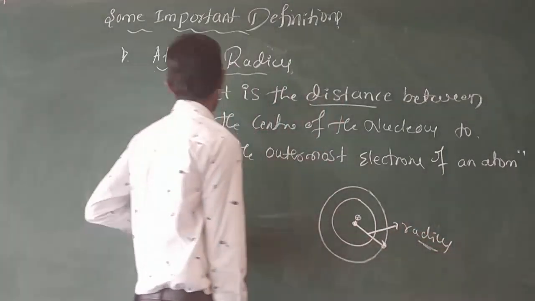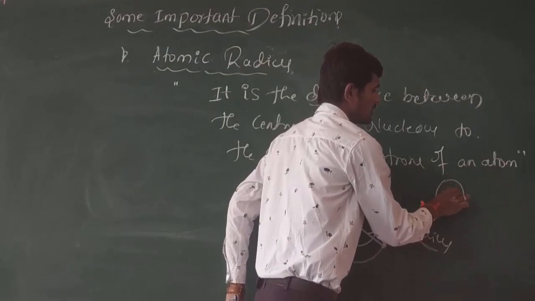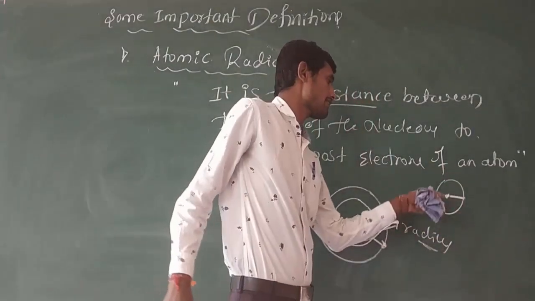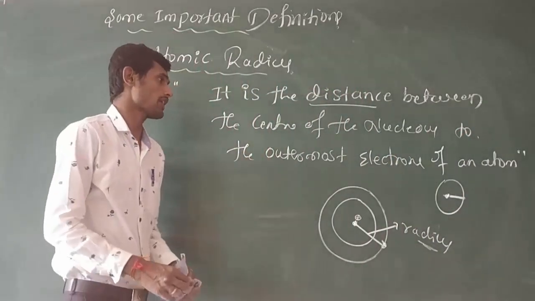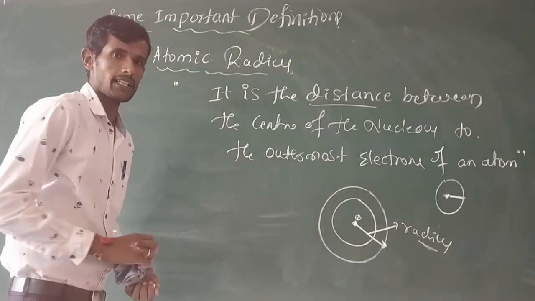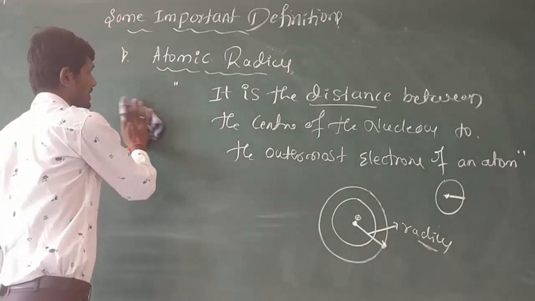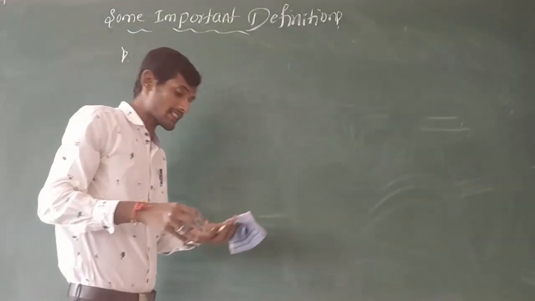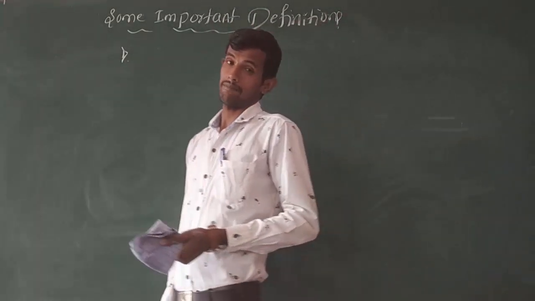It's called atomic radius. Now simply you can write like this. Here, this is the atomic radius. Distance between the nucleus and outermost electron is called atomic radius. Yes, this one is the first important definition: atomic radius, the distance between the center of the nucleus to the outermost electron of an atom.